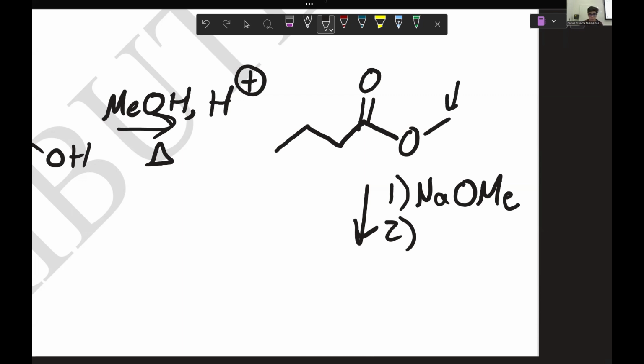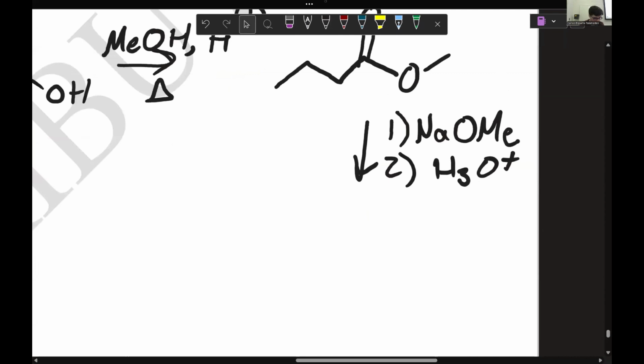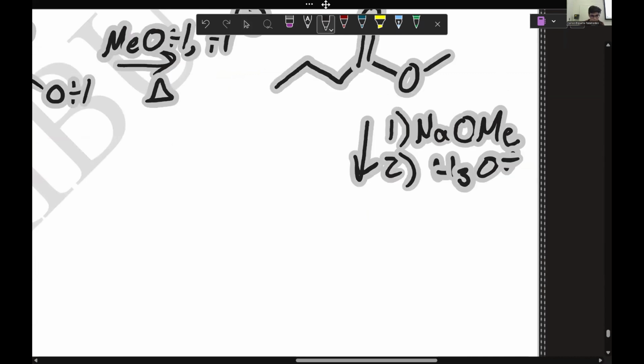We had the methyl, we picked methanol, and now for the Claisen we pick NaOMe with the methyl on that, and then acidic workup. This is just part of the Claisen, and then we get our product. I'll redraw it.